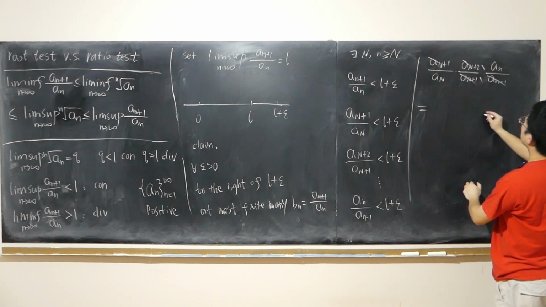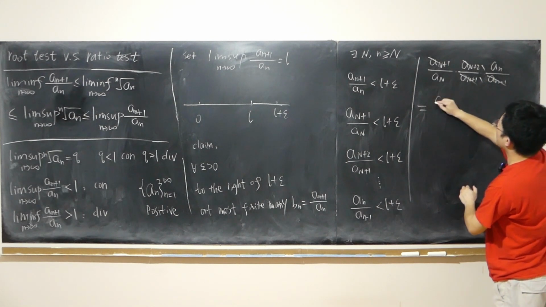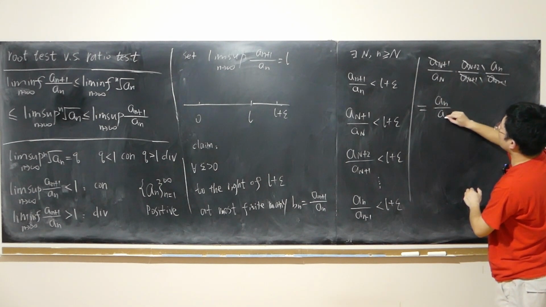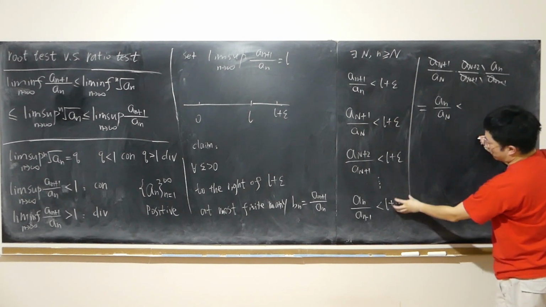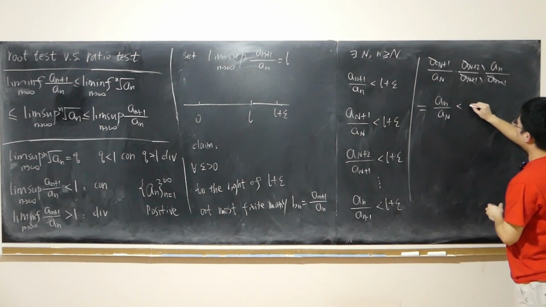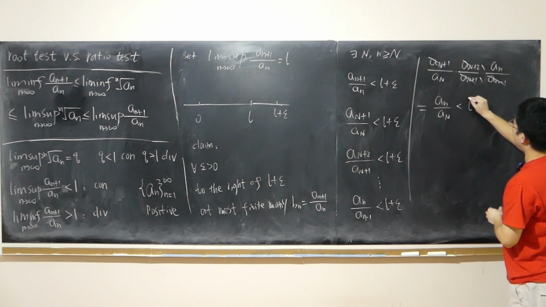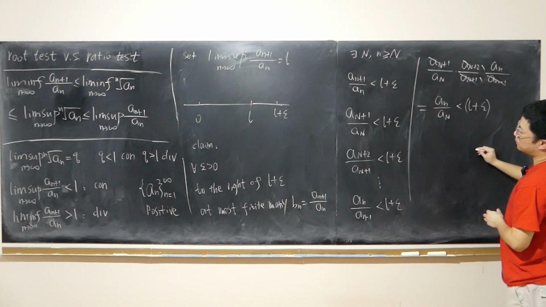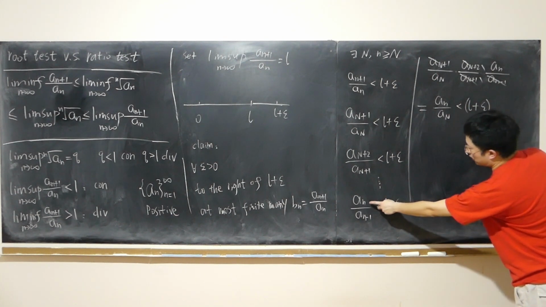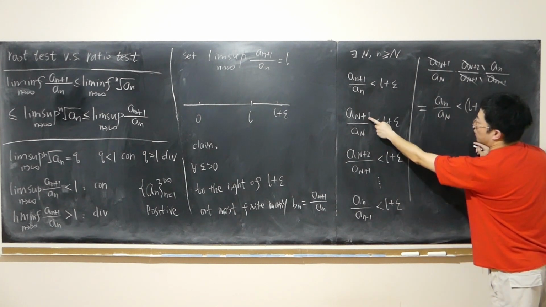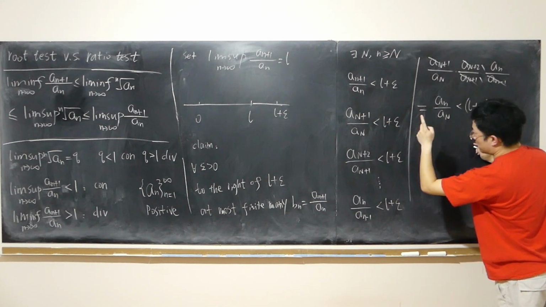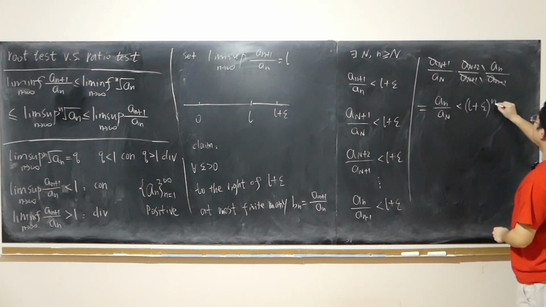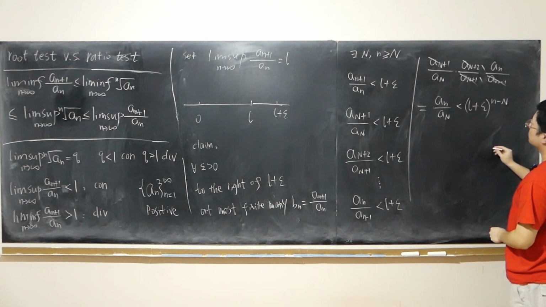So in the end I have a_n over a_N, still less than the product on the right-hand side, L plus epsilon to the power of how many times? I think it's small n minus big N. This many times.